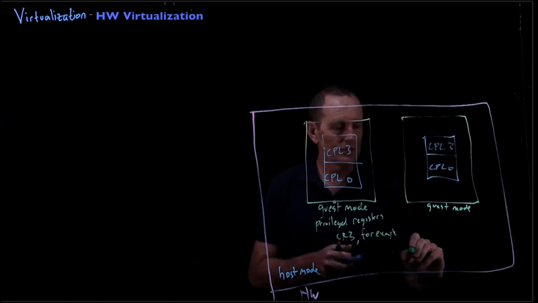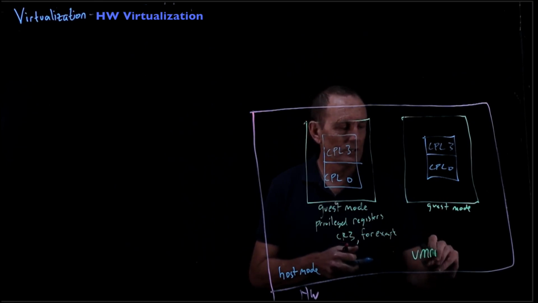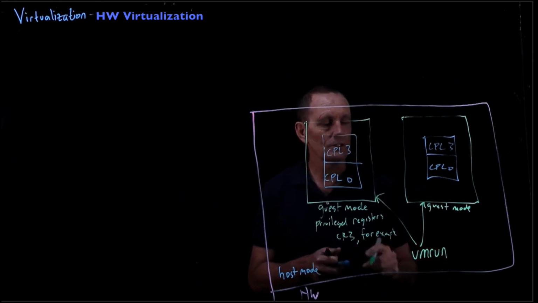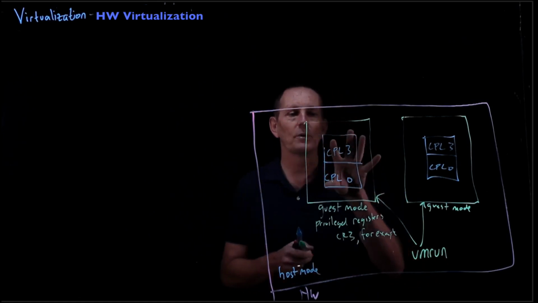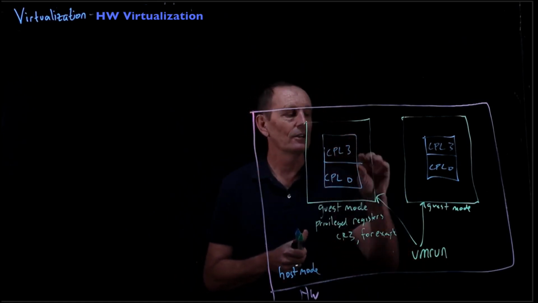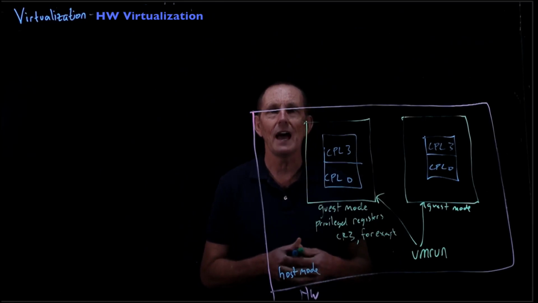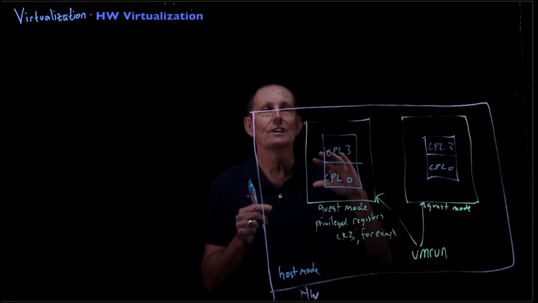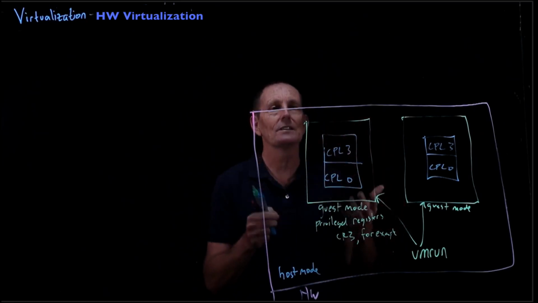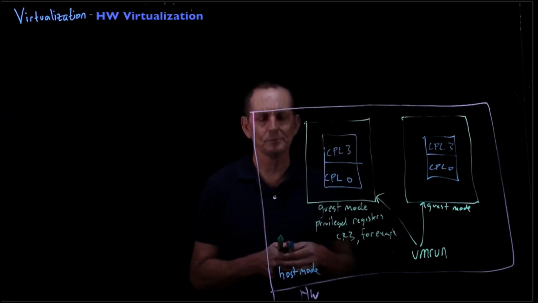So you can, for instance, do a VM run instruction, and that'll take you in to this mode. And then there are various operations that can happen here that will take you back out to the host mode. So that is the addition of this host mode on top, which is what allows the virtualization.